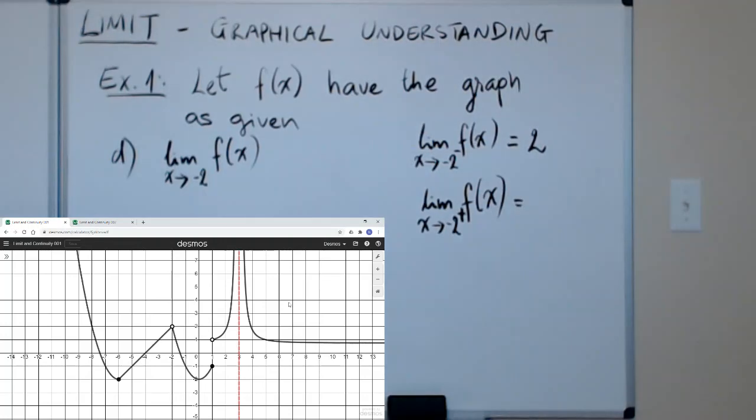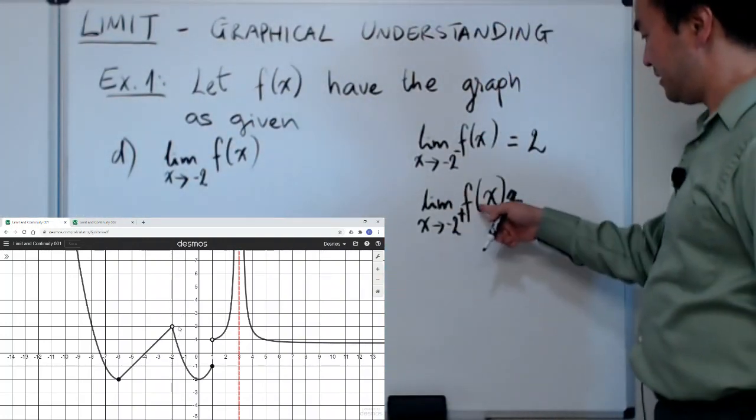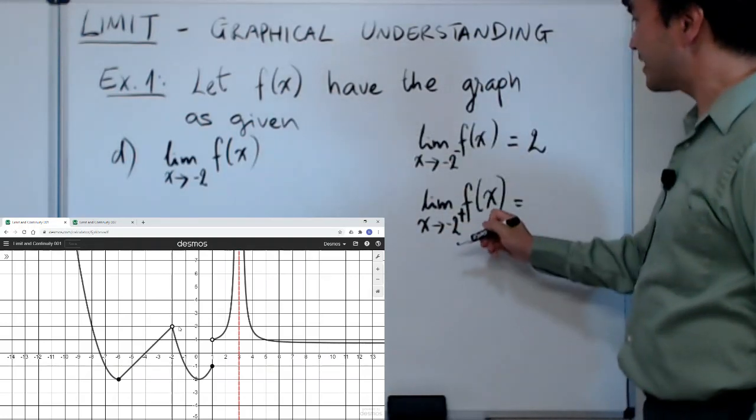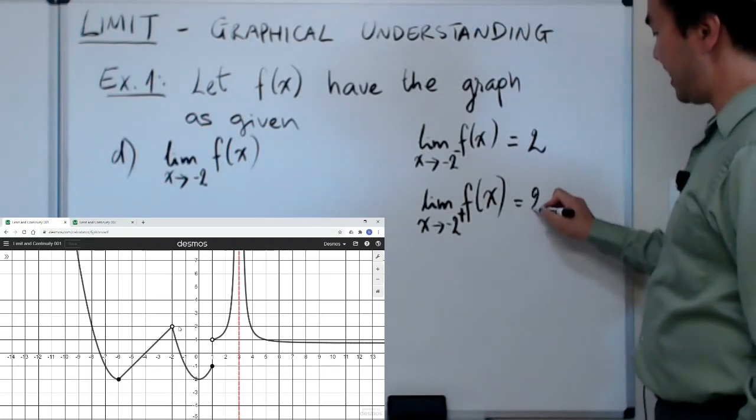It seems my graph is also gaining height and gaining height, making its way to that vertical height 2 right there. So the limit of this function, when x gets close to -2 from the right-hand side, is 2 again.